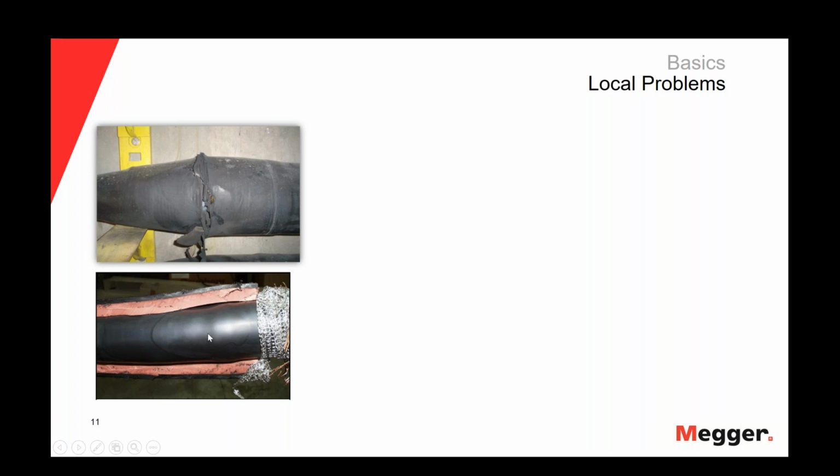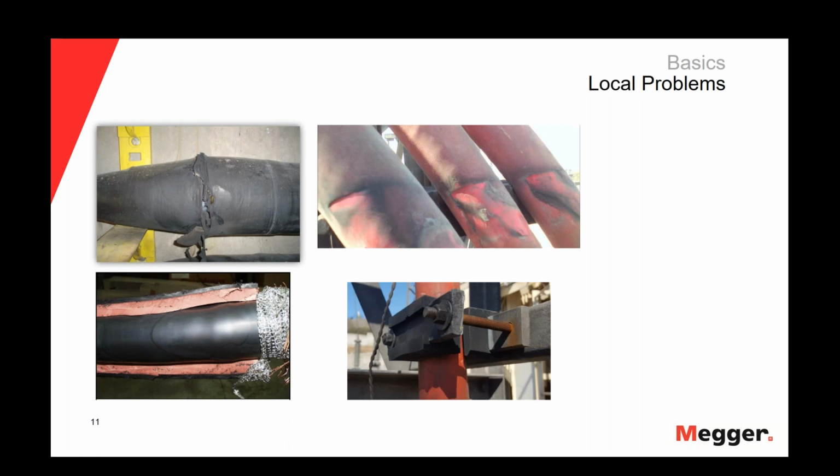of the splice. The next two pictures are examples of also a bad workmanship issue. In this case, the person who fixed the cable in the holders exceeded the torque. And when they exceeded the torque, they deformed the cables, and that inflicted mechanical damage in the insulation of my cable.